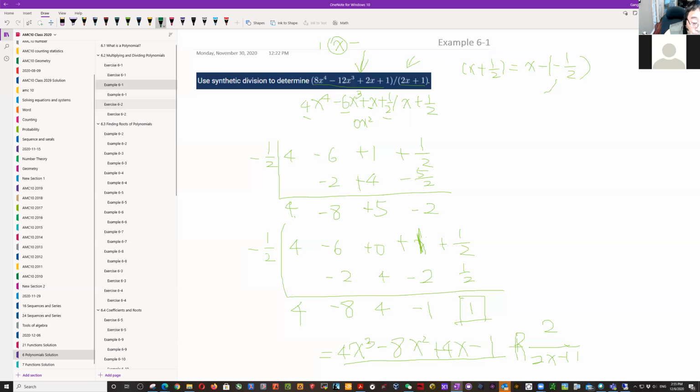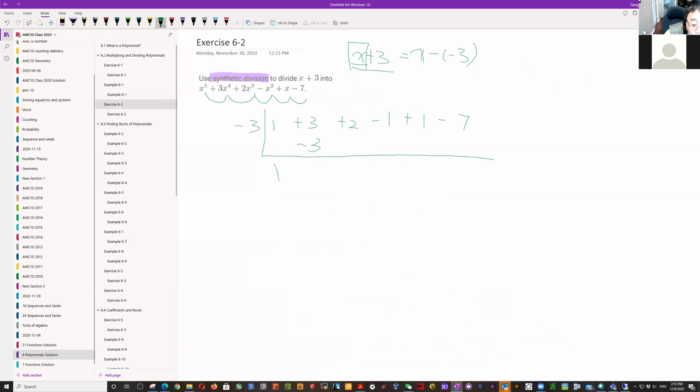And so when we divide, 1 multiplied by negative 3 equals negative 3, and 3 plus negative 3 equals 0, and 0 multiplied by negative 3 equals 0, and 2 plus 0 equals 2, and 2 multiplied by negative 3 equals negative 6. This is going to be negative 7, and 3 multiplied by 7 equals 21, so plus 21 here. And this is plus 22.